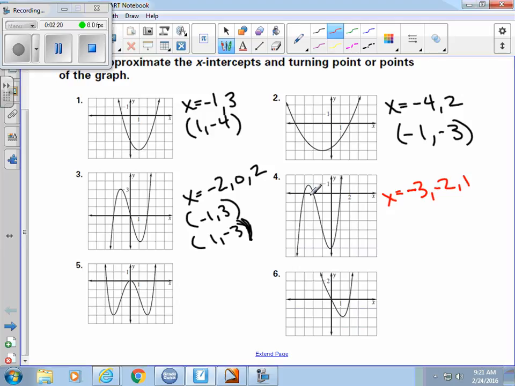This one we're going to have to really approximate because it's in between. It looks like -2.5, maybe 0.9.